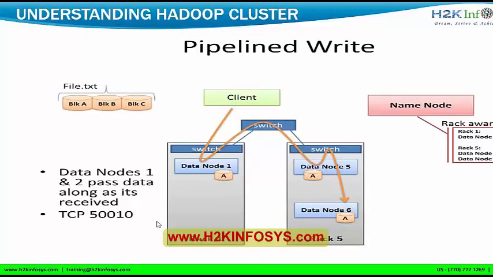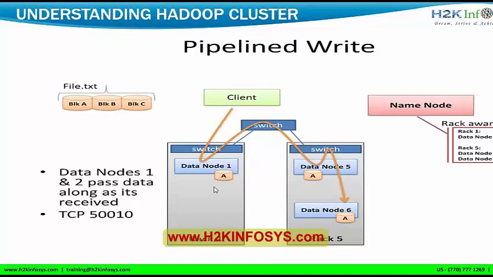Once it has been replicated thrice, data node 6 will give an acknowledgement back to the client saying that block A has been written to 3 data nodes successfully. Then only will he start writing block B. Until he gets an acknowledgement, he will not start writing block B to different data nodes. So this is what happens internally.